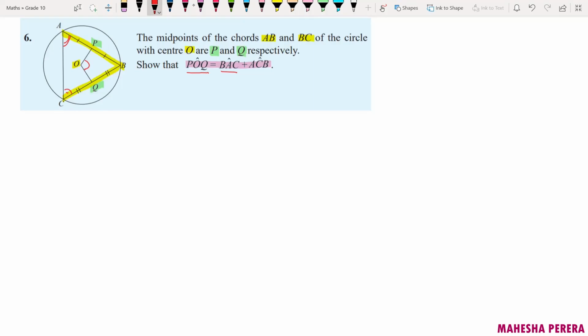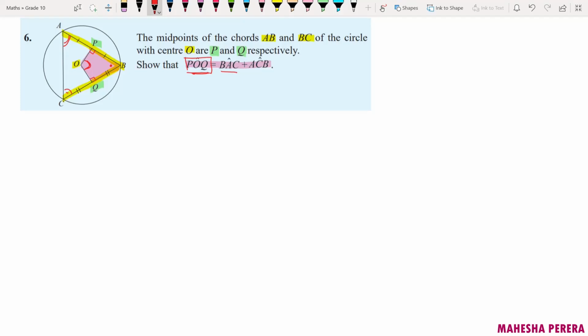Now, using the theorem, we know that this angle is 90 degrees and this angle is also 90 degrees. When you consider this quadrilateral, two angles are 90 degrees each. This angle is actually POQ, and this angle is unknown.